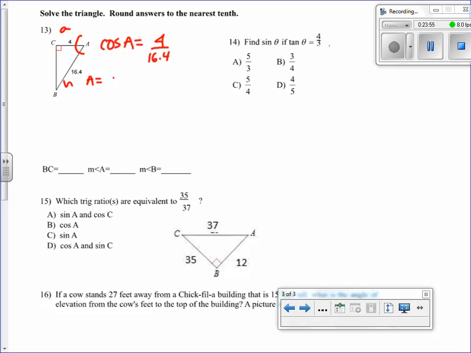So the measure of angle A is the inverse of the cosine of 4 divided by 16.4. So the measure of angle A was 75.9 degrees, or 76 degrees. Once I find measure A, all I have to do is subtract that from 90 to get the other one, which is 14.1. So this is the measure of angle B.